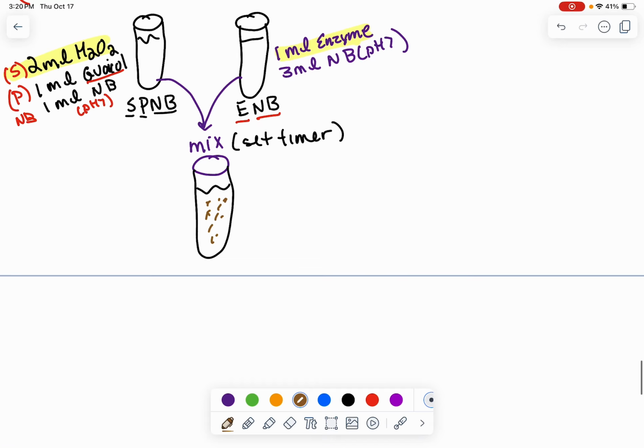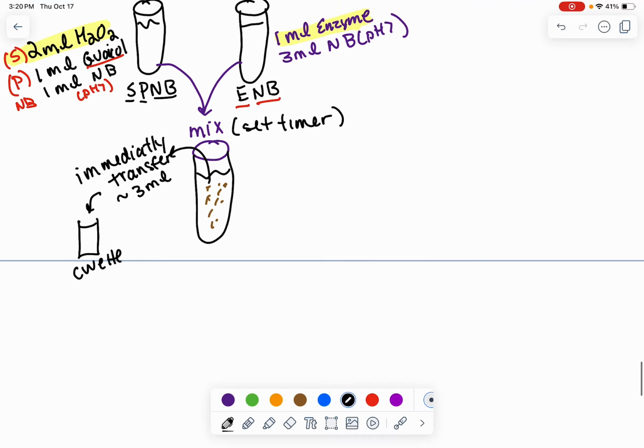Because you've got to get ready to take your results every minute, you're going to immediately take approximately 3 mL from the big test tube and put it in your little cuvette.